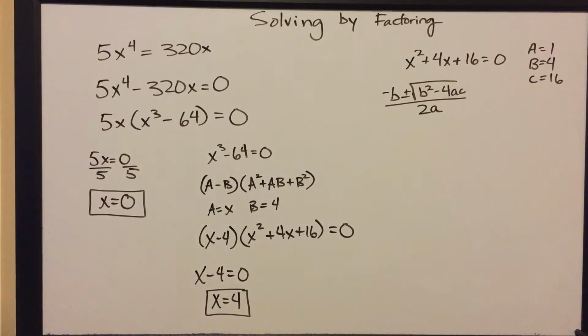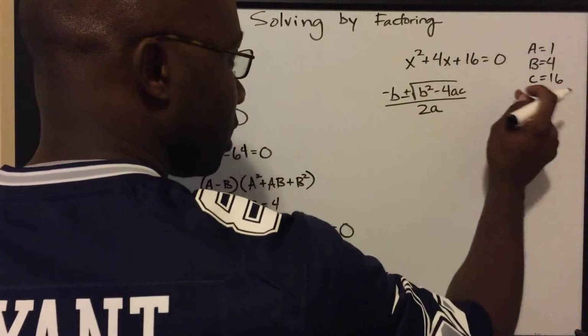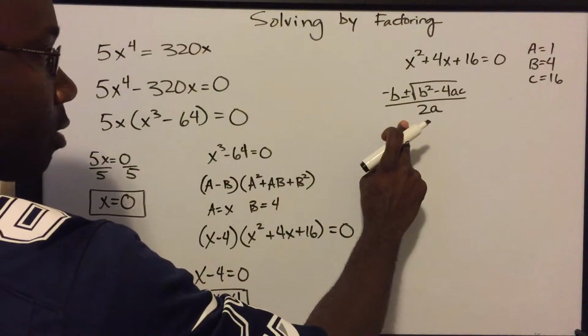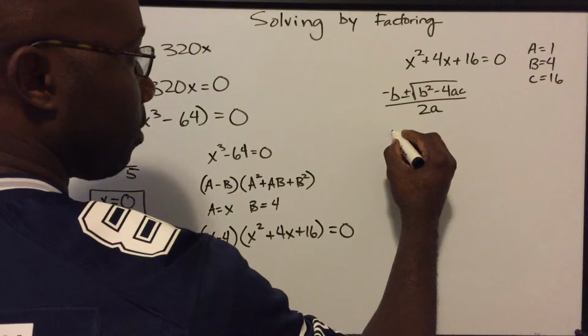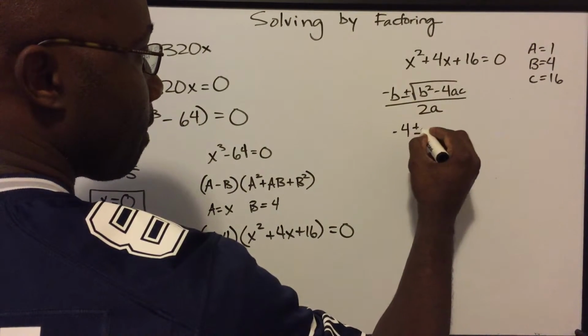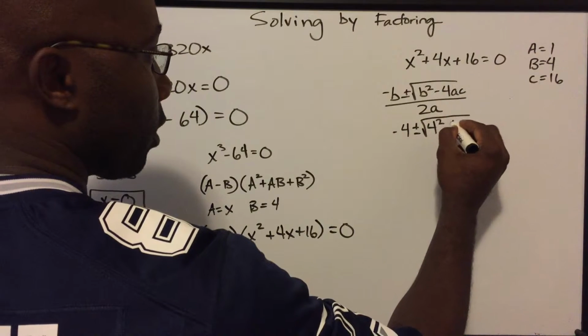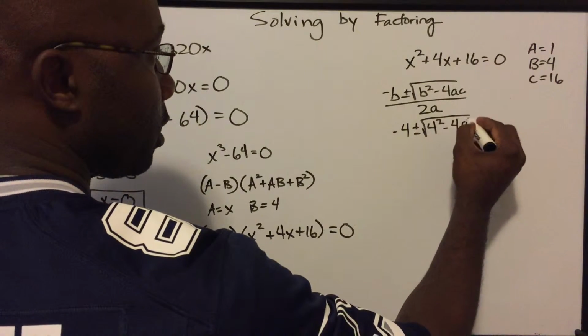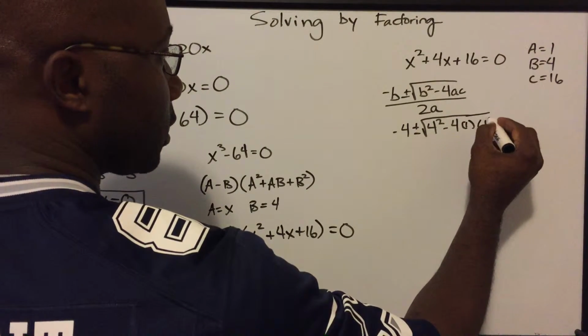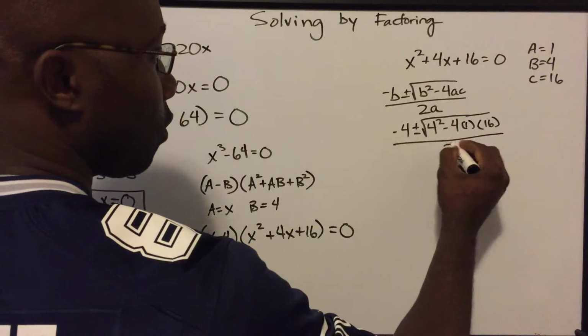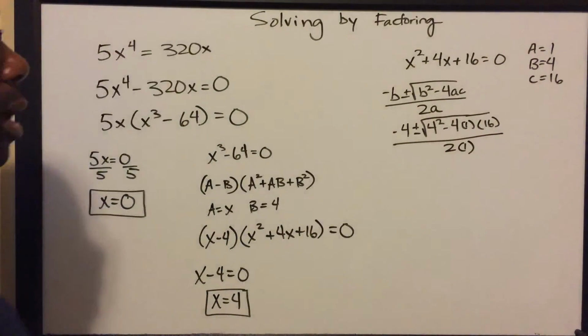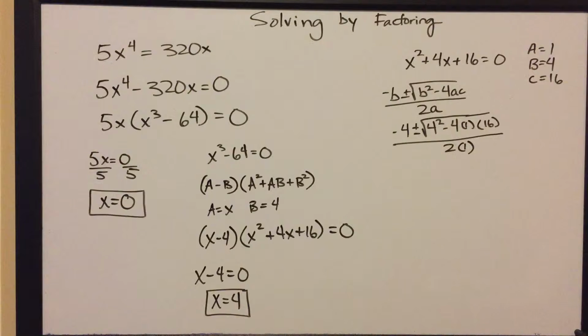So once again, we take this information here and we plug it right into here. Minus b, that's minus 4, plus or minus the square root of b squared, 4 squared, minus 4 times a, which is 1, times c, which is 16, all over 2 multiplied by 1, which is 2.